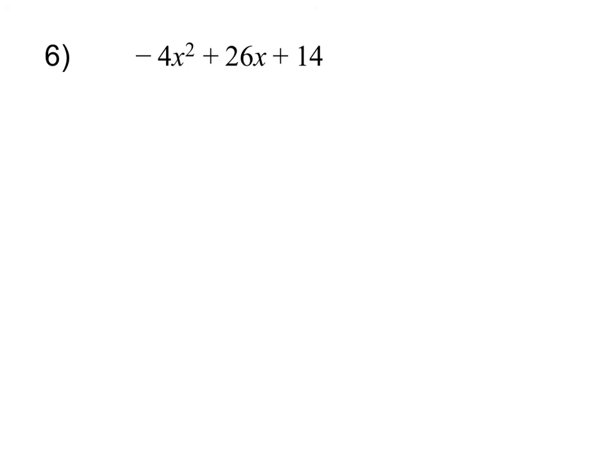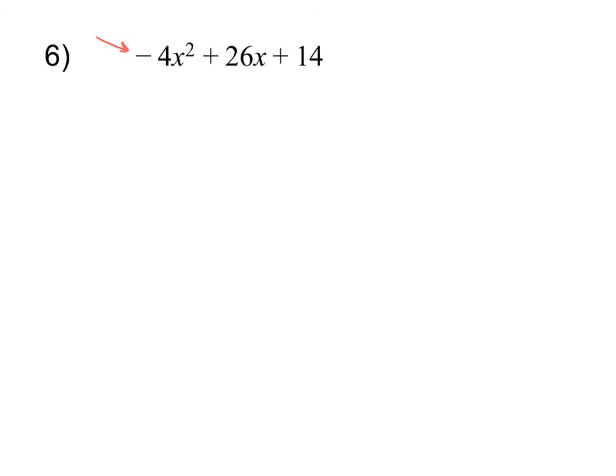For number 6, we have negative 4x squared plus 26x plus 14. So first thing I notice is that our a term has a negative number, so we definitely need to factor out a negative, but we also want to see if there's anything else we can factor out beyond that.